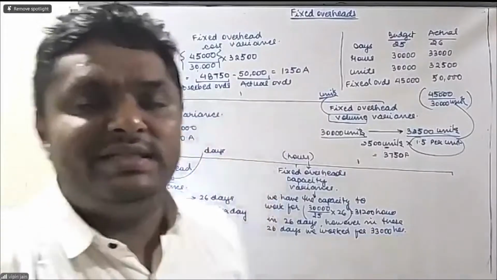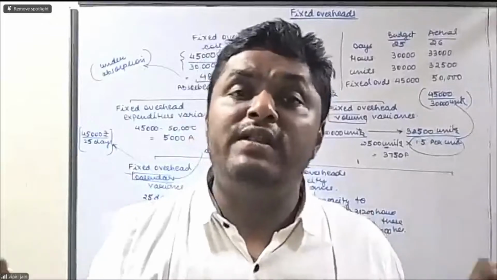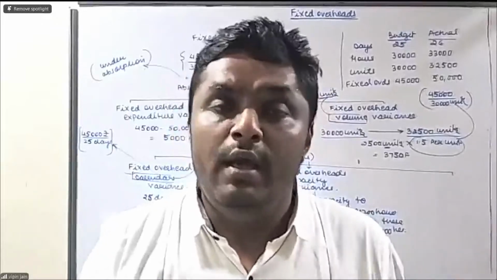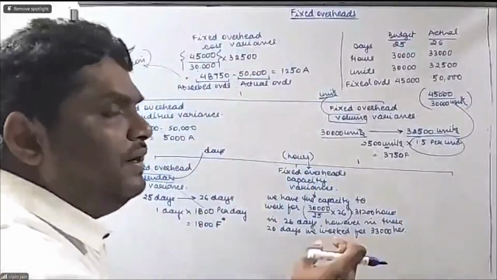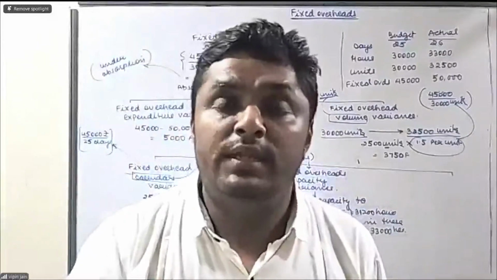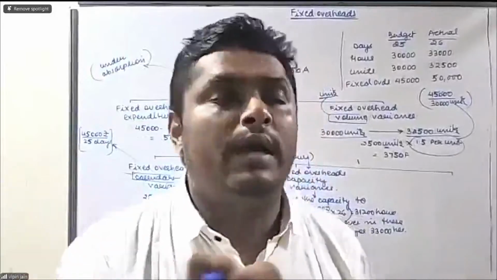In these 26 days, how much work should we have done? 31,200 hours only. But in these 26 days, how many hours did we actually work? 33,000 hours. That means in these 26 days, 1,800 hours we worked above our capacity.